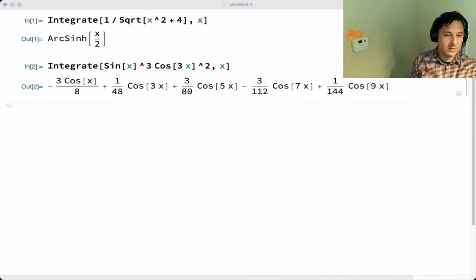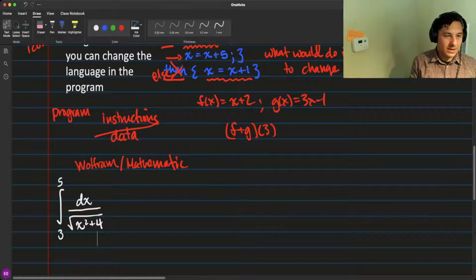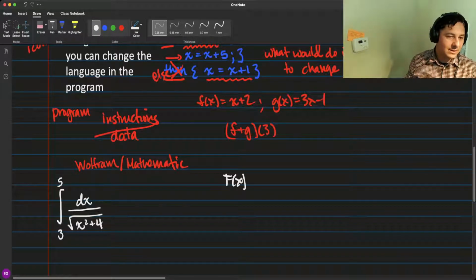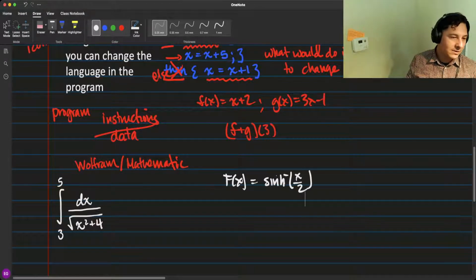Now we can go back to the notes. Well, we know that the antiderivative of this was the inverse hyperbolic sine of x over 2, right? So now you could just say, okay, I'm going to do f of 5 minus f of 3.